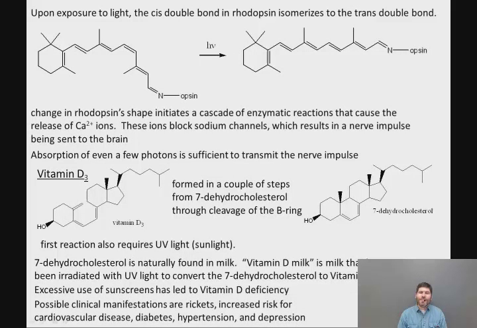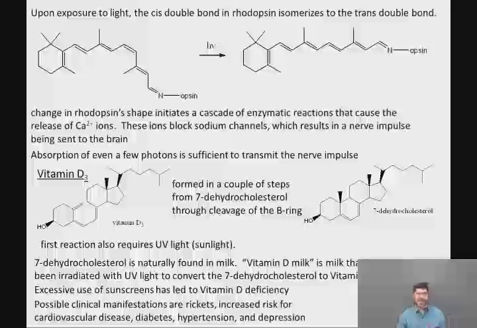And so possible clinical manifestations of vitamin D deficiency are rickets. That's more associated with vitamin D2 deficiency, but everything I'm saying about D3 is actually also true for D2. But vitamin D deficiency is possibly associated with cardiovascular disease, diabetes, hypertension, and more recently, depression.